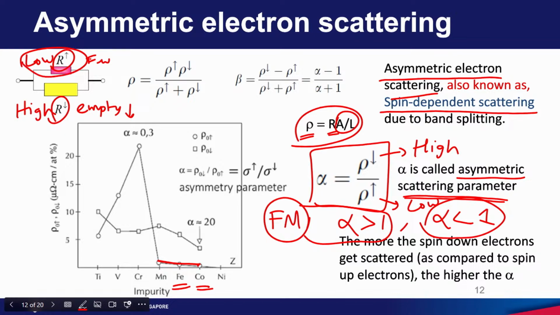The square represents the resistivity of spin down electrons, which has a larger value. So, the alpha of ferromagnetic material is more than 1. In the case of cobalt, if you divide this value by this, you will get around 20.